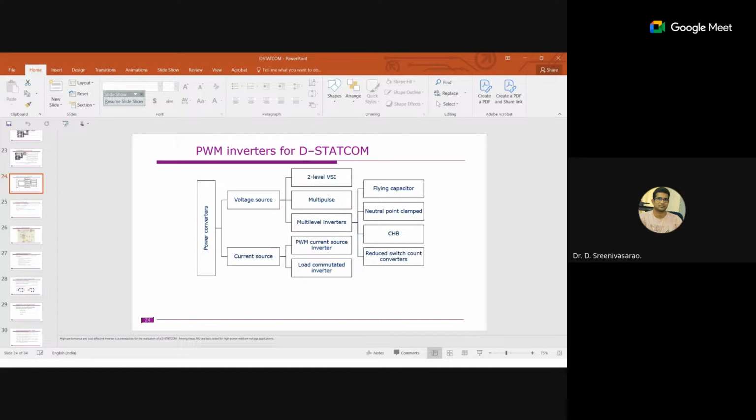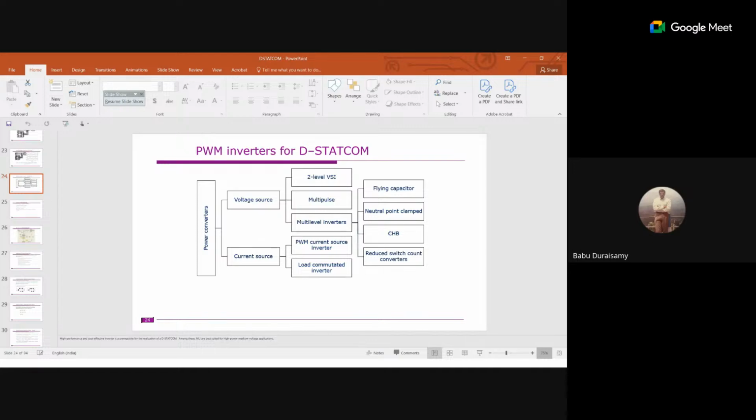Normally the D-STATCOM is employed in the distribution transformers of any discoms, so it can be implemented straight away, using optical cables. That is very fast. Even a one or two microsecond delay will not impact the performance that much.